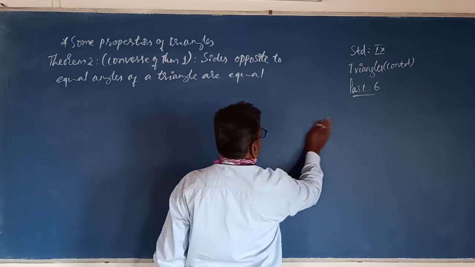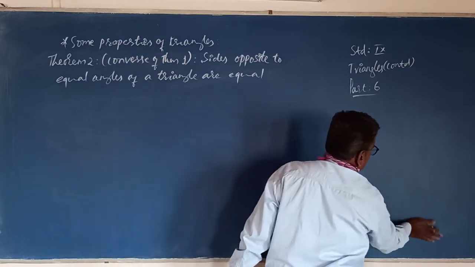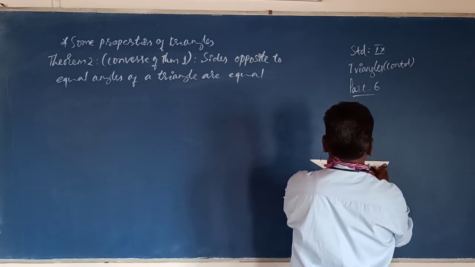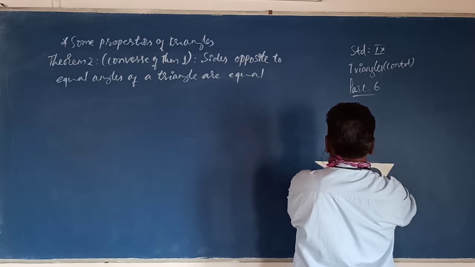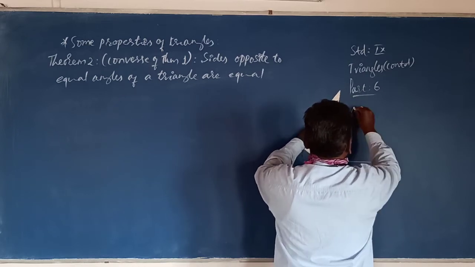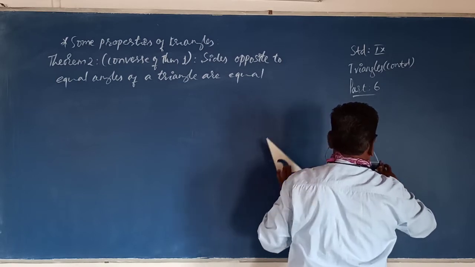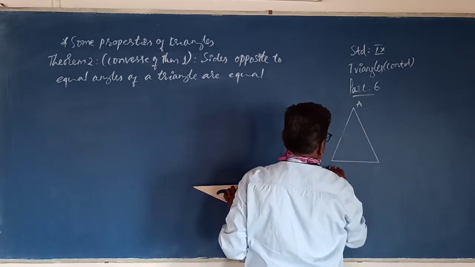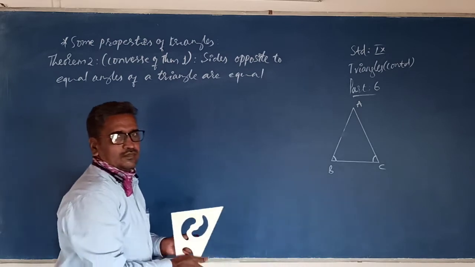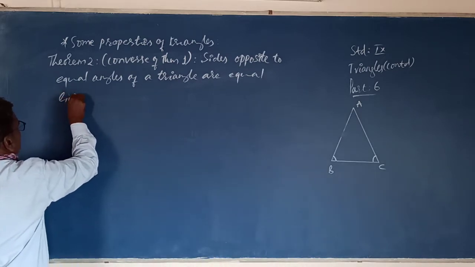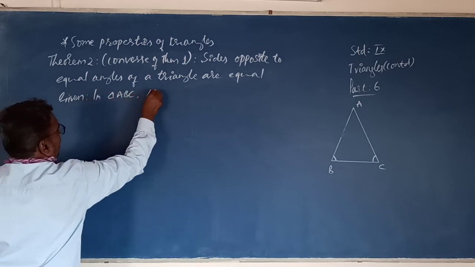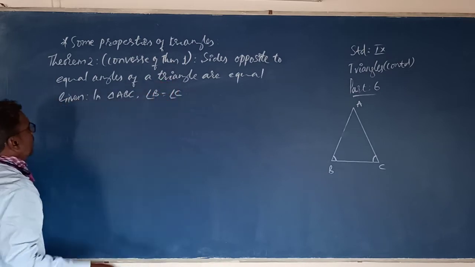Given: ABC is a triangle and angle B is equal to angle C. Then what to prove?